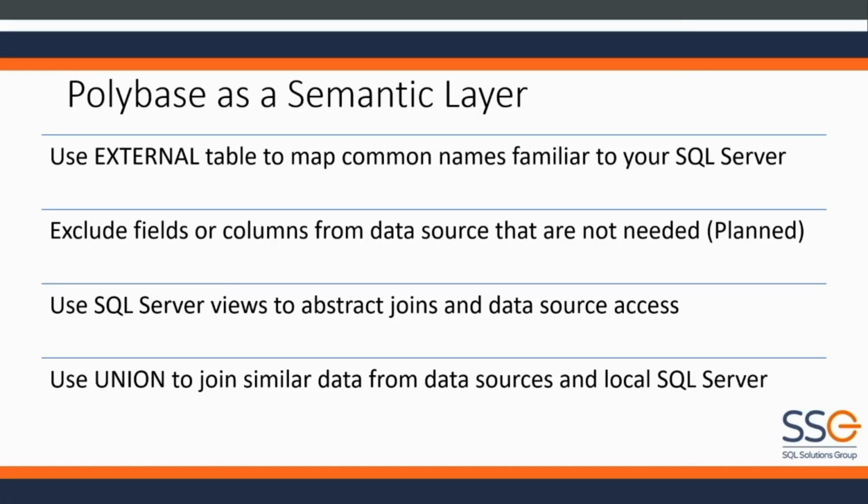And since it's SQL Server, you can use joins and unions to collect and gather that data and query all sorts of data. So if I want to union and join data from different data sources, I can do that right through Polybase because it uses the T-SQL language. It's phenomenal. It doesn't matter where my data sits. I can query different data sources and union and join those together right through T-SQL.